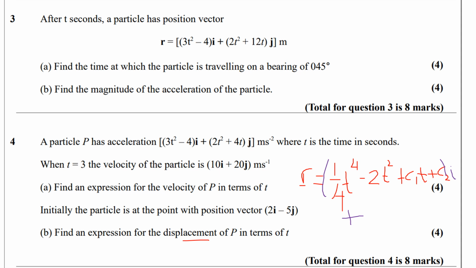So we're integrating here 2t cubed over 3, so that will go to 2/3 t to the 4 over 4. And then we're integrating 2/3 t cubed, that'll be 2t cubed over 3.